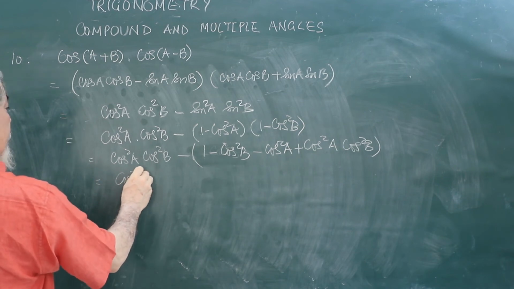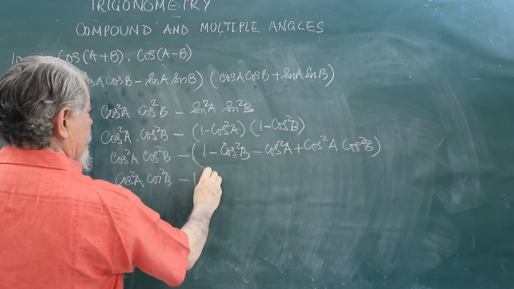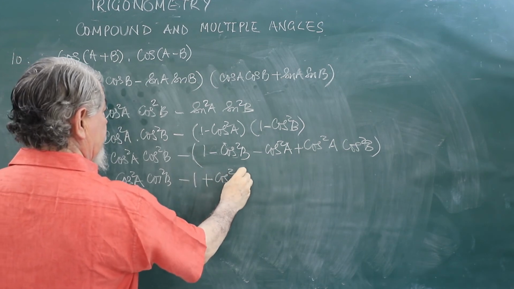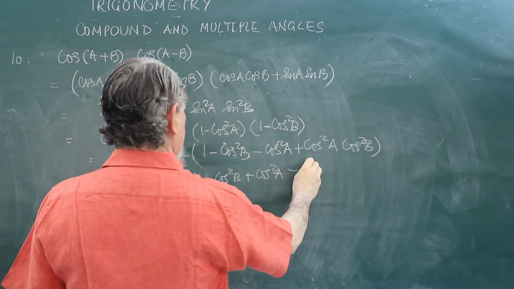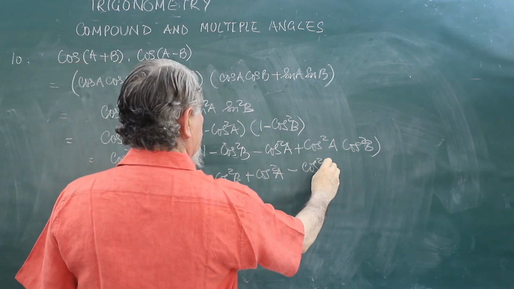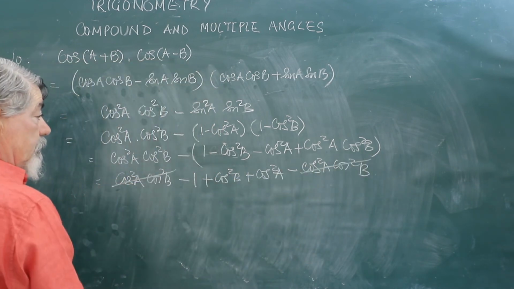Cos square A cos square B minus 1 plus cos square B plus cos square A minus cos square A cos square B. So this will cancel.